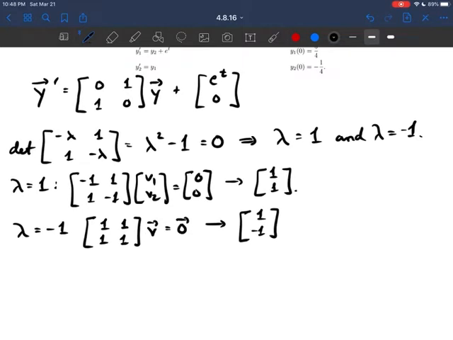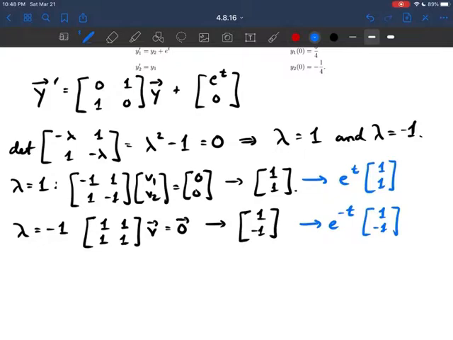So from these eigenvectors together with our eigenvalues, we can make solutions. Our first one will be the solution e to the t times the vector 1, 1. And the second one will be e to the minus t times the vector 1, negative 1.